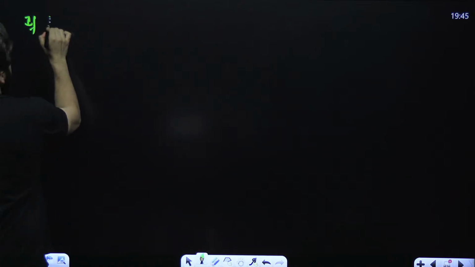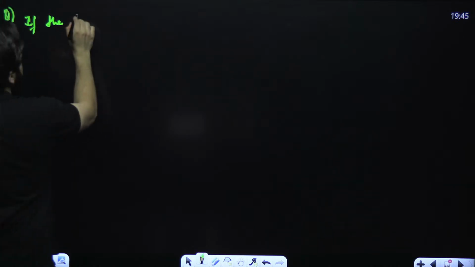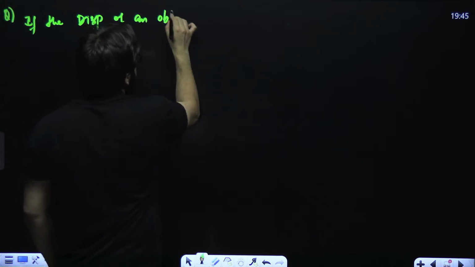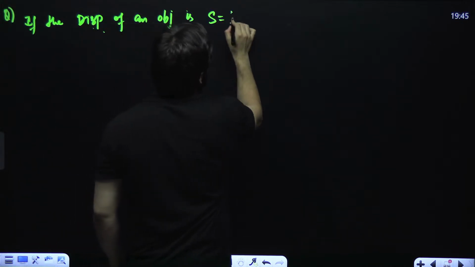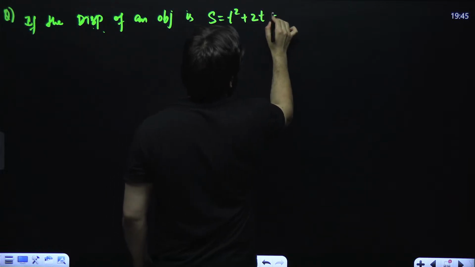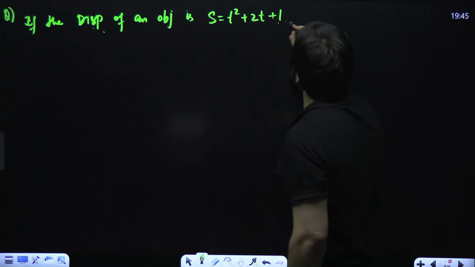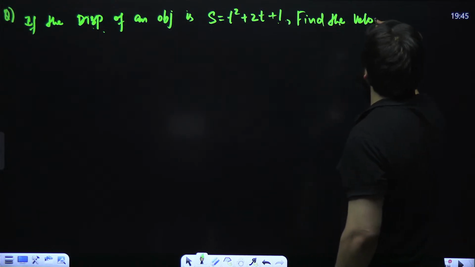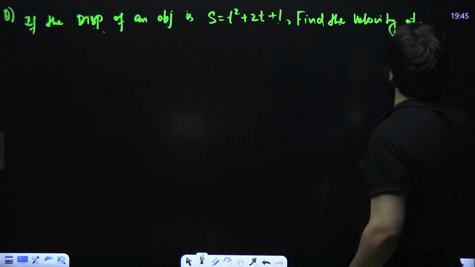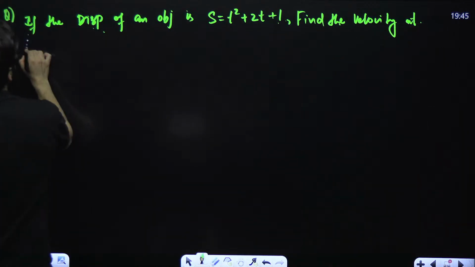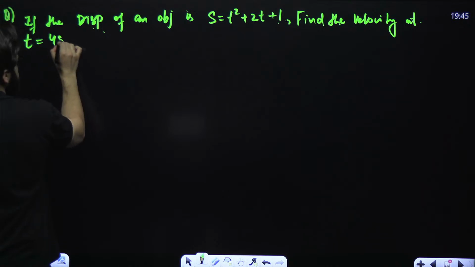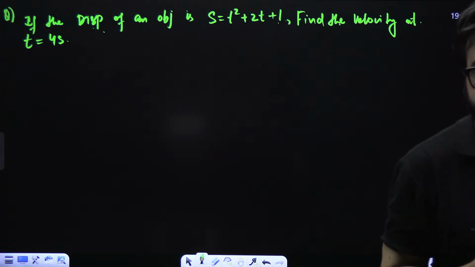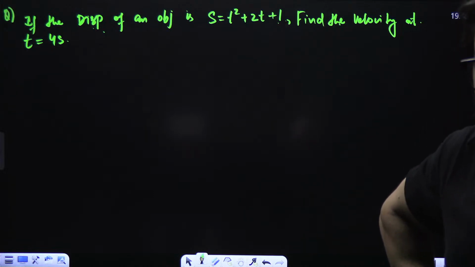If the displacement of an object is s equal to t square plus 2t plus 1, find the velocity at t equal to 4 seconds. We are supposed to find the velocity at t equal to 4 seconds.